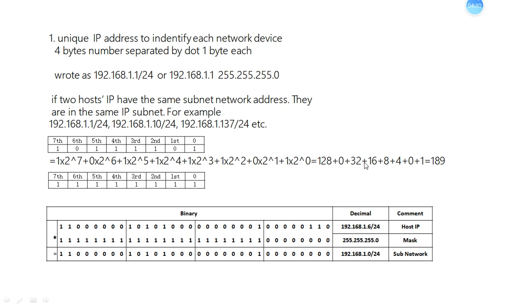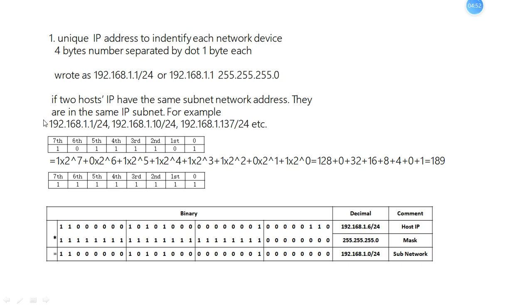Okay, you get the decimal number 189, right? If all 8 bits are 1, you convert to decimal, it's going to be 255, right? Obviously, with 8 bits, the maximum number is 255 in decimal.